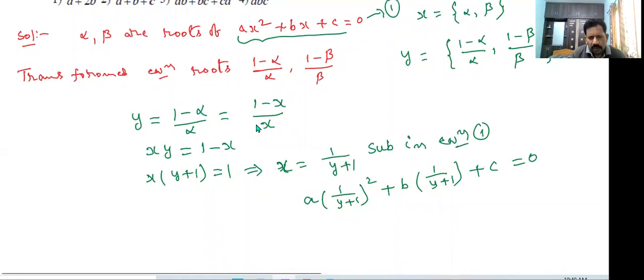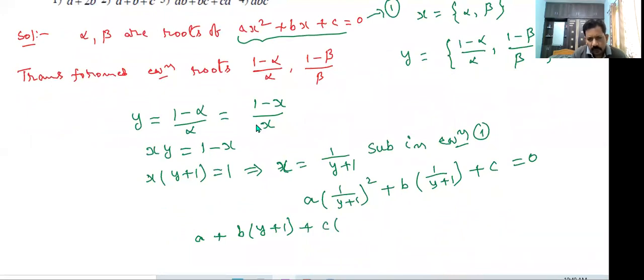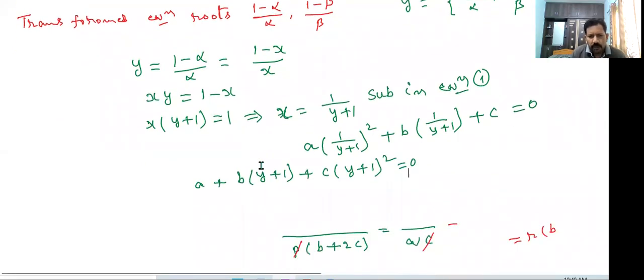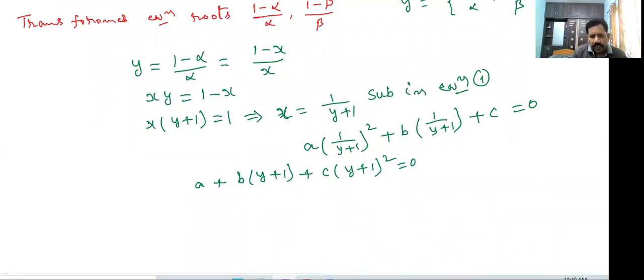Now take LCM, you will get a plus b into y plus 1 plus c into y plus 1 whole square. Students, expand this, we get y square terms like that.